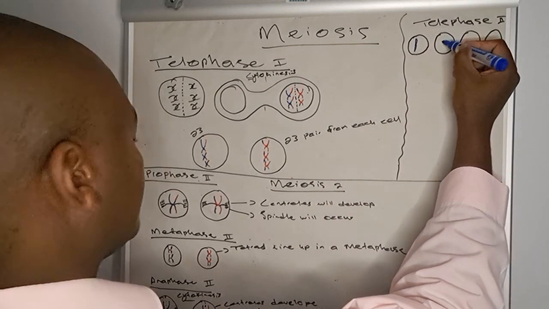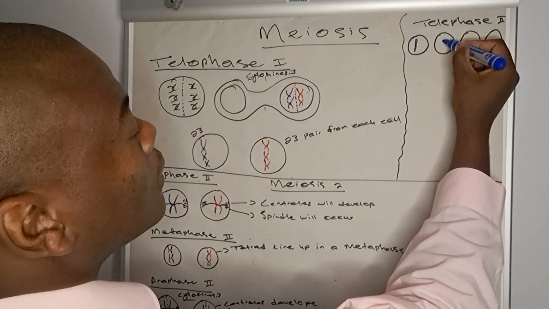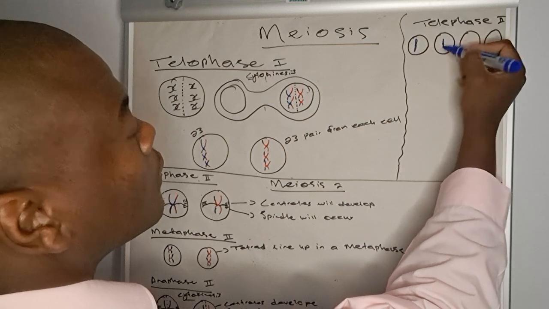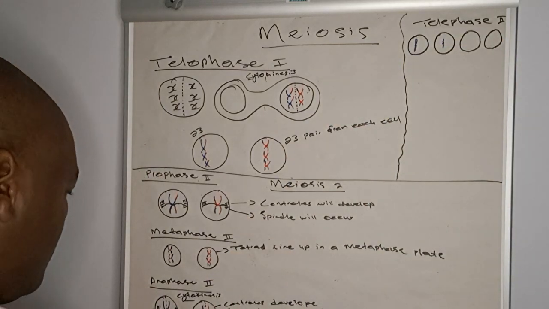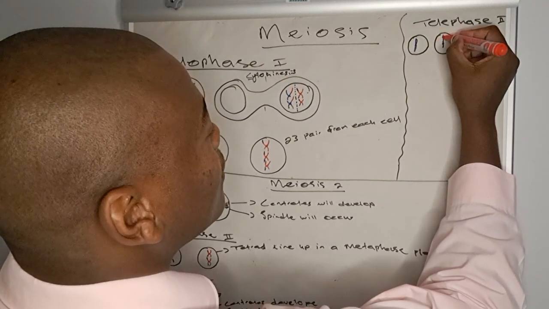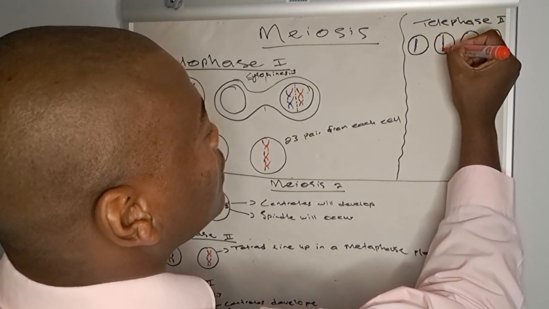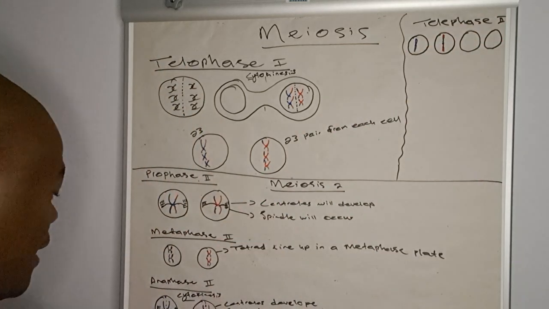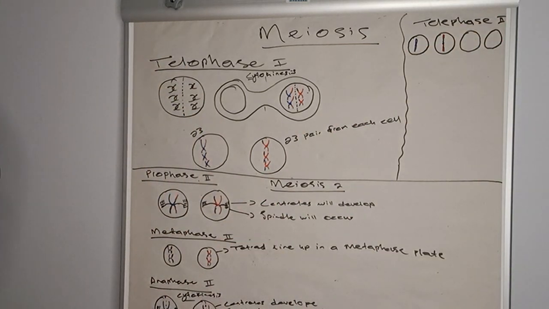This one is like this. You will see these now are chromosomes. This one now will be like this. And then another one, you look at this one.